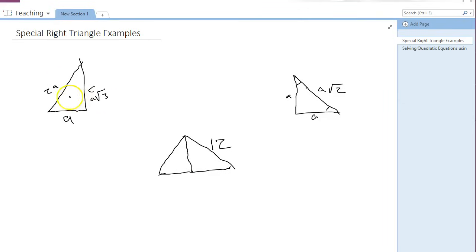This becomes 2A, and this becomes A. So this leg would be half as long as this one. So this becomes 6, 6, 12. Or you could say it's just this leg divided by 2. And what becomes this one? So it would be 6 root 3.